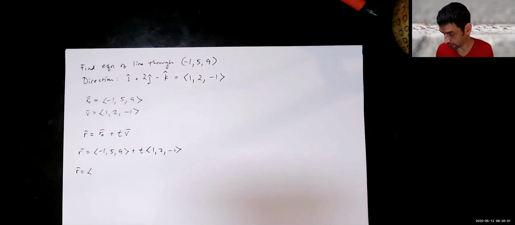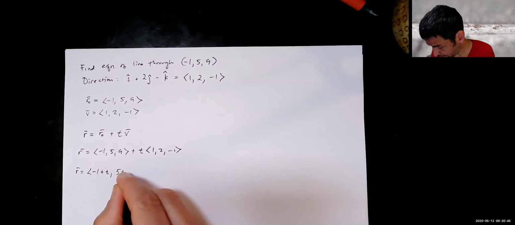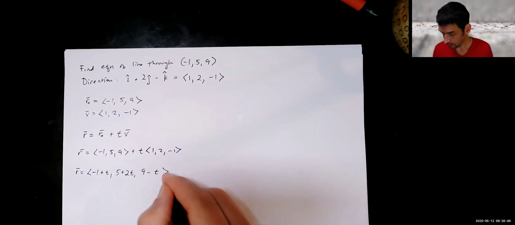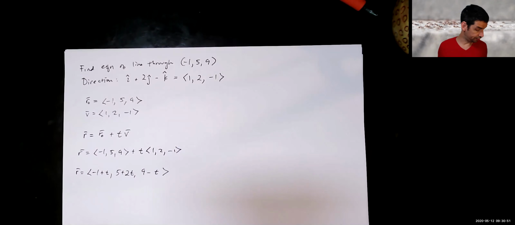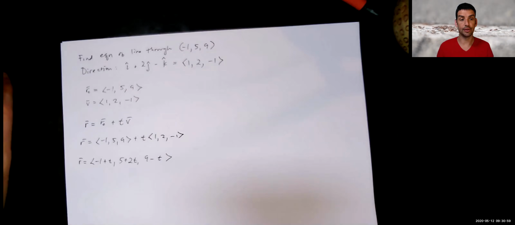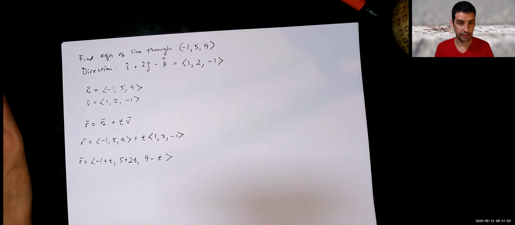Or we could write this as -1 plus t, 5 plus 2t, 9 minus t, right? Just adding those two vectors together. Okay. So let's take a quick look at what we've built here with a nice little animation I found online.